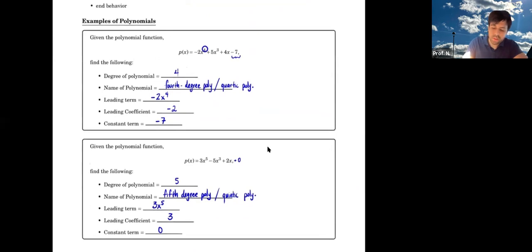First, I'm going to add a page in between here. We're going to be talking about end behavior. That's something maybe you haven't seen before, or maybe you have. End behavior. This sounds a little strange, right? You're like, wait, what do we mean by behavior of a function?